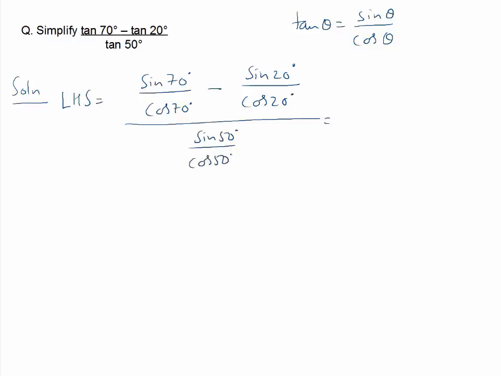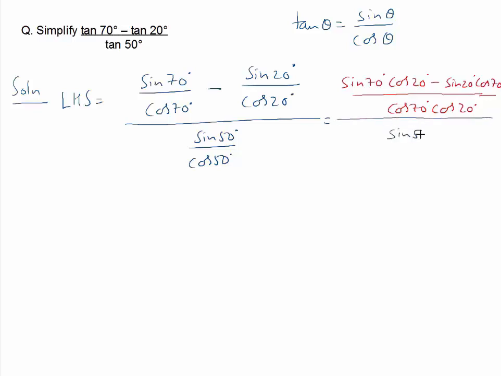Now here we can take the LCM. When we take the LCM, we will get cos 70 degrees multiplied by cos 20 degrees as the LCM, and cross multiplying, we will get sine 70 degrees cos 20 degrees minus sine 20 degrees cos 70 degrees, this whole divided by sine 50 degrees divided by cos 50 degrees.